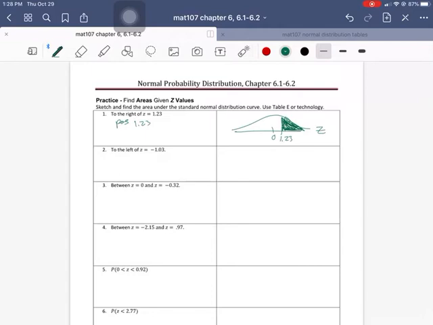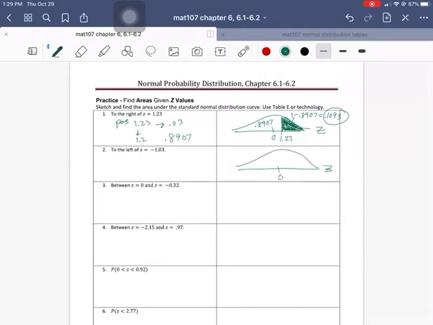So if I go to the positive Z table and I go down to 1.2 and I go over to 0.03, it's going to tell me 0.8907. Okay, that means this is 0.8907. So to get this, it's 1 minus that. So this comes out to 0.1093. Okay.